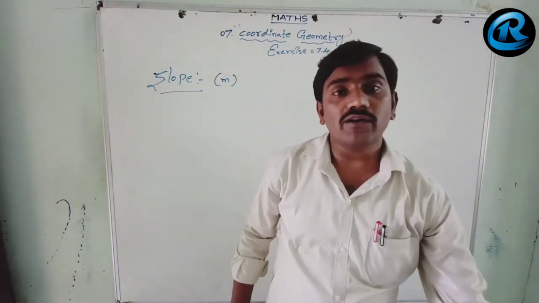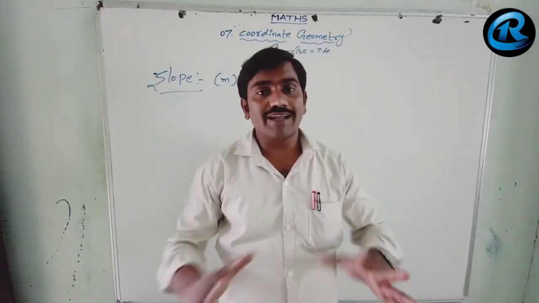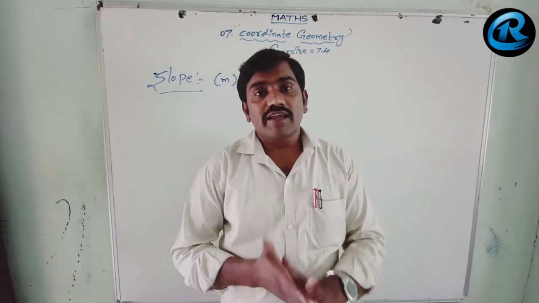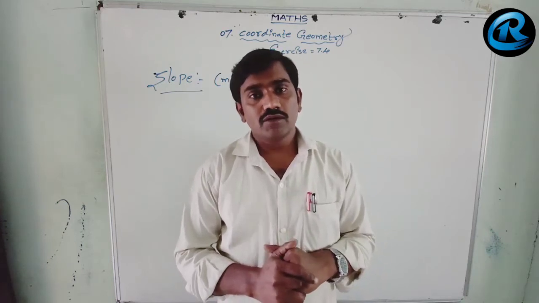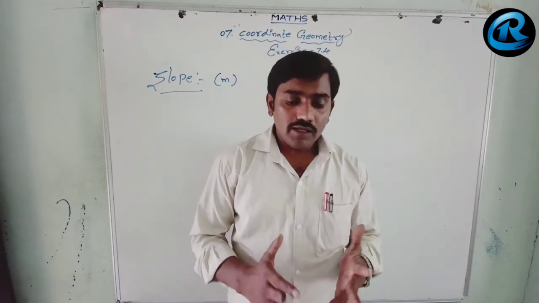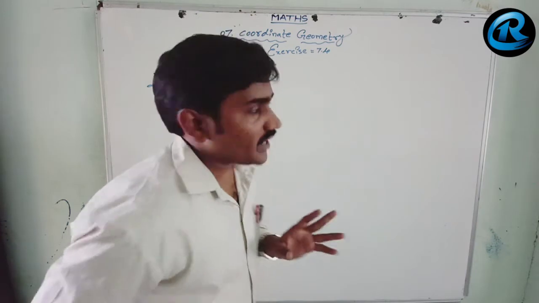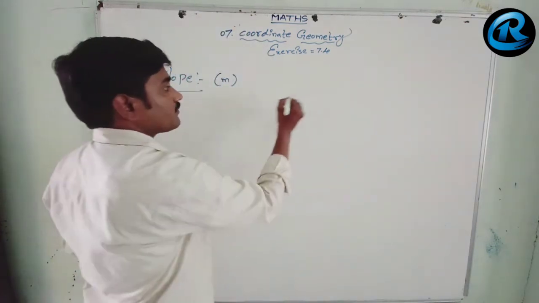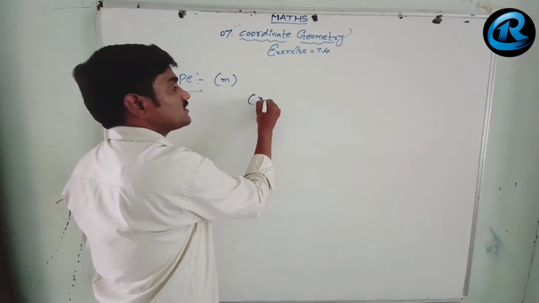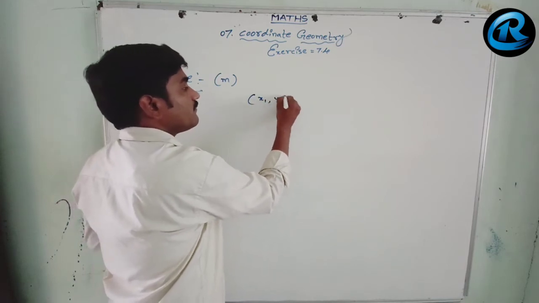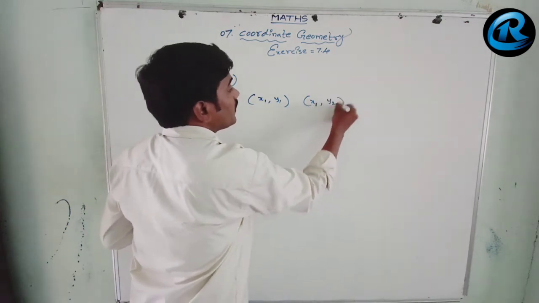So how to find out the slope? It depends on the x coordinates and y coordinates of given 2 points. See that when x coordinates are equal, suppose x1 comma y1 and x1 comma y2, what happens?